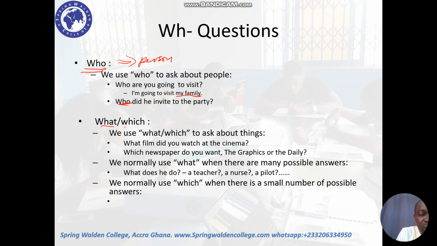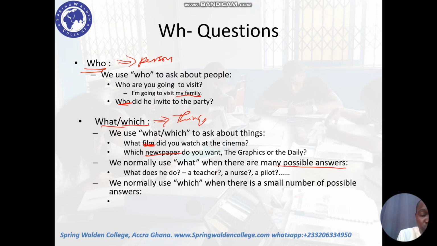And what or which are also used to ask about things generally. So what film did you watch at the cinema? Which newspaper do you want, the Graphic or the Daily? Now what's the difference between what and which? Not much, but what is normally used when there are many possible answers to the question.